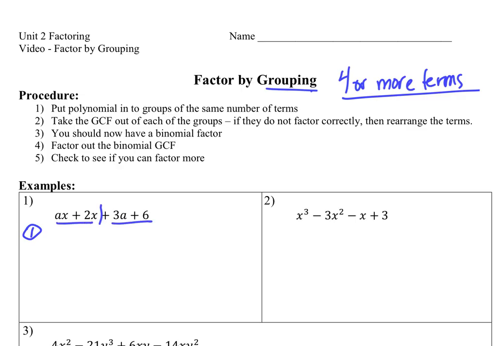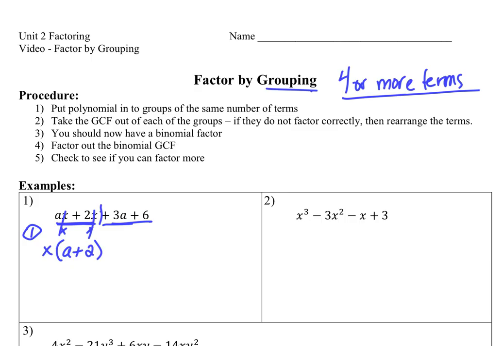So when I take the GCF, if I look at this first group, pretending like there isn't another group there, I see that x is in both terms. The lowest exponent is 1, so I'm going to factor out an x. Divide each of these by x, and I'm left with a plus 2. The x's cancel in both of these cases. So you just do that a second time with this group.